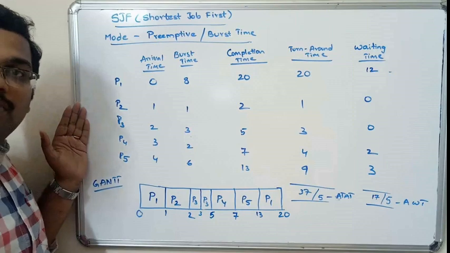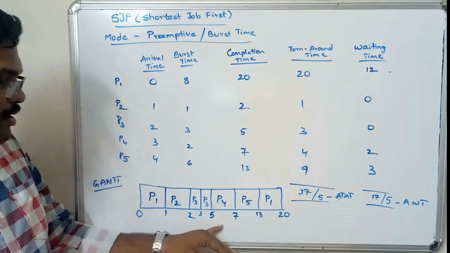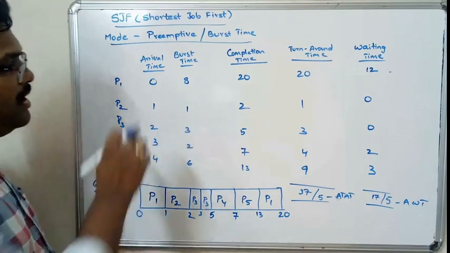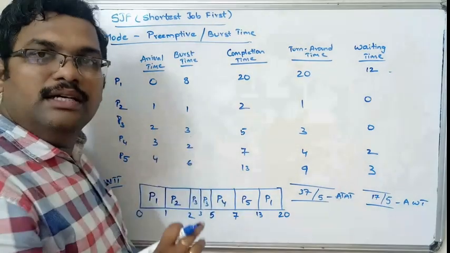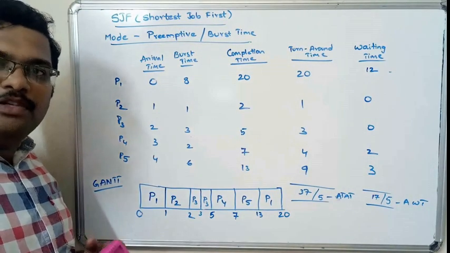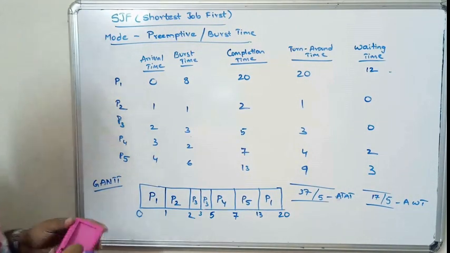Okay, so the same procedure you have to apply, but whenever the process with the lowest burst time arrives in the ready queue, immediately that process will be given to the CPU. So let us take one more example so that your doubt will be clarified.